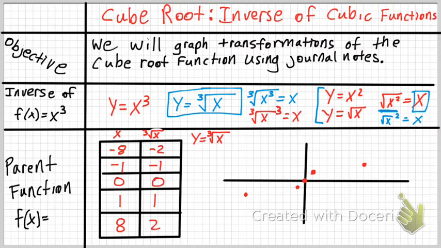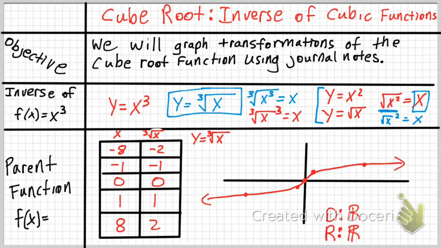And remember, this is a nice, smooth, continuous curve because you have all of these in-between points that are occurring. All right, so that's what my parent function is going to look like. My domain is going to be all real numbers, and my range will also be all real numbers.